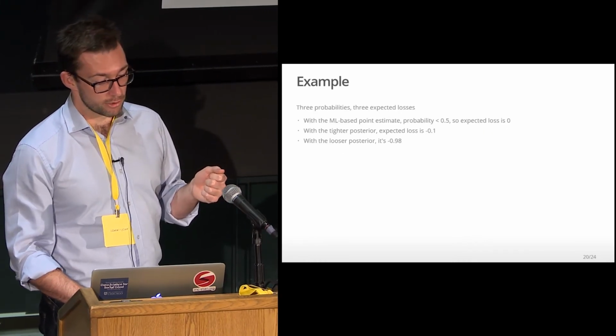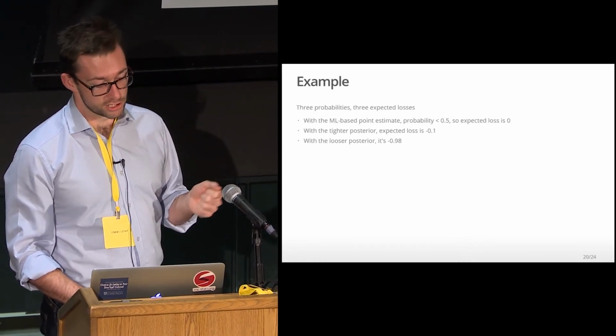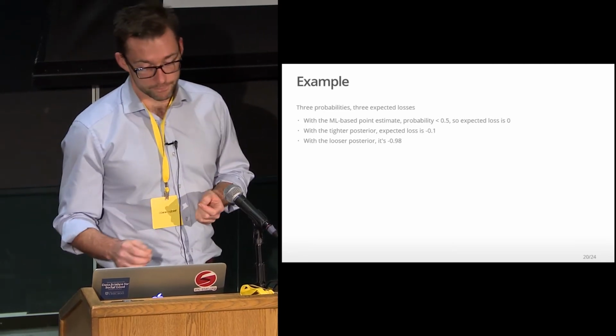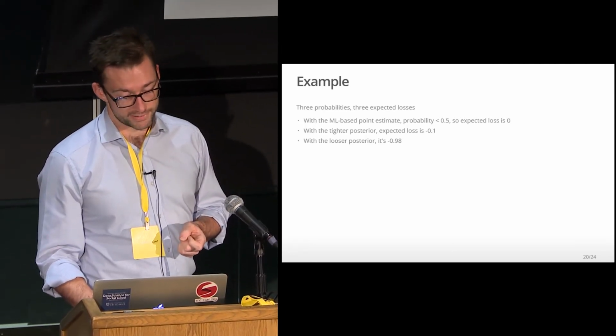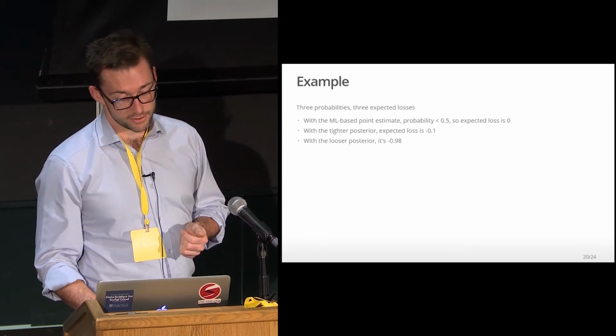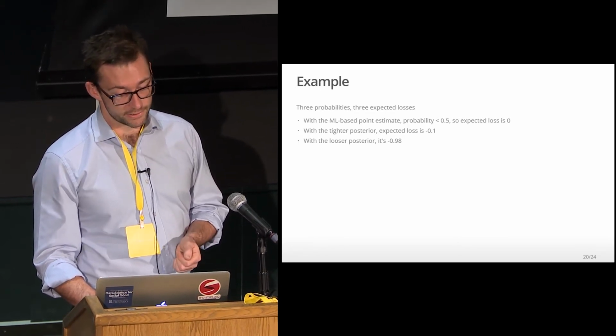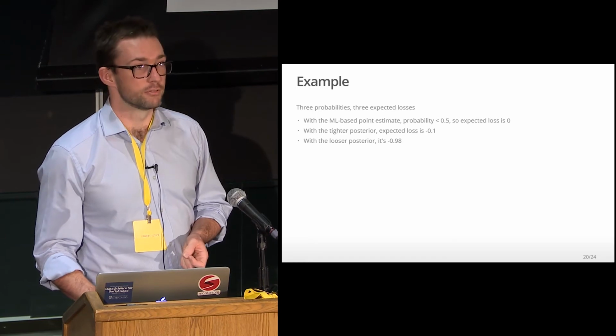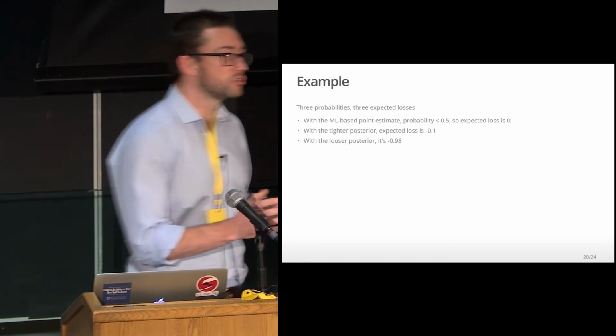So three probability estimates, three different losses that we're going to provision on. For the first one, probability is less than 0.5, so the expected loss is 0. Tighter posterior, expected loss is 10 cents. With the looser posterior, it's $1. This is not a huge difference.